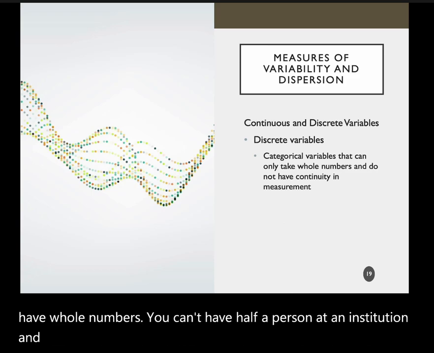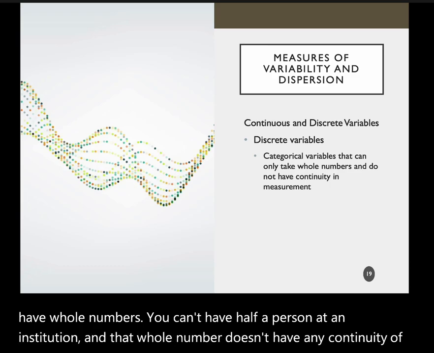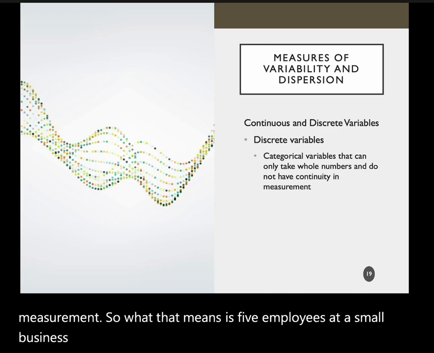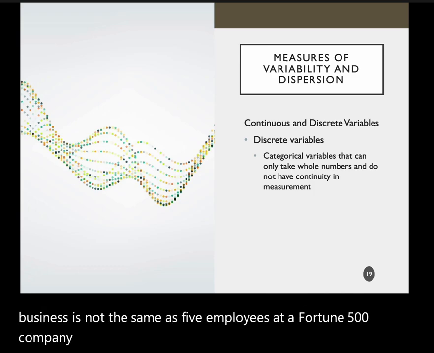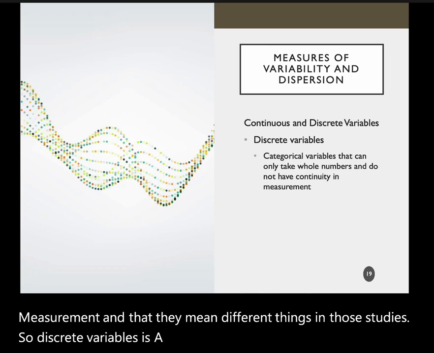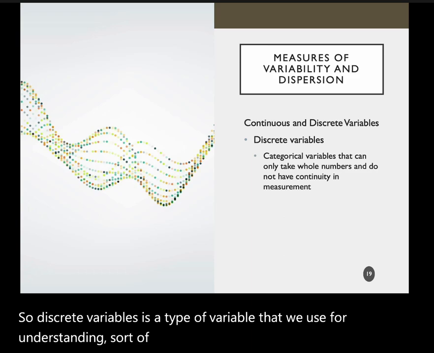And that whole number doesn't have any continuity of measurement. What that means is 5 employees at a small business is not the same as 5 employees at a Fortune 500 company. There's no continuity in measurement, and they mean different things in those studies. So, discrete variables are a type of variable that we use for understanding what is going on in our distribution.